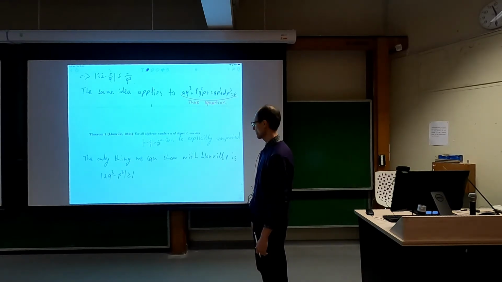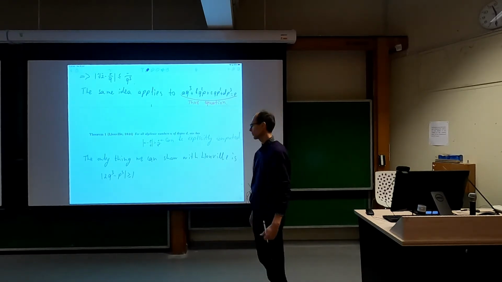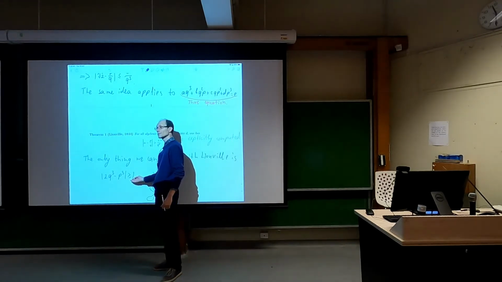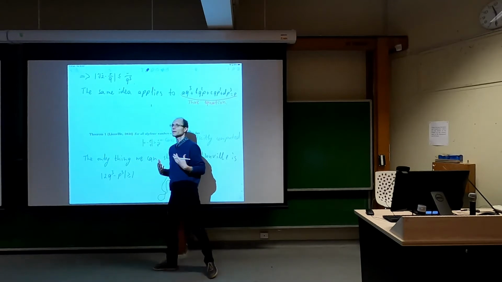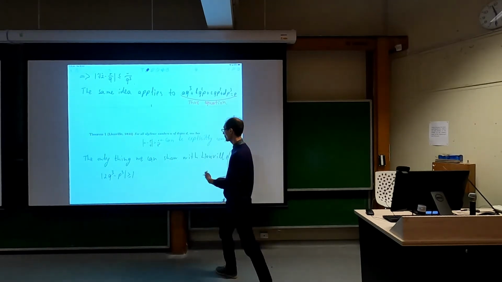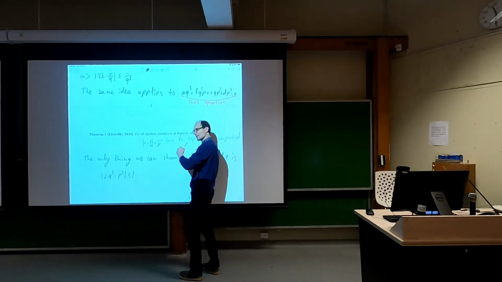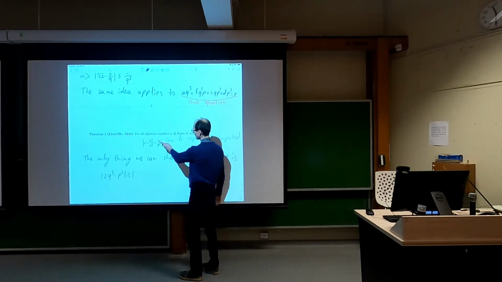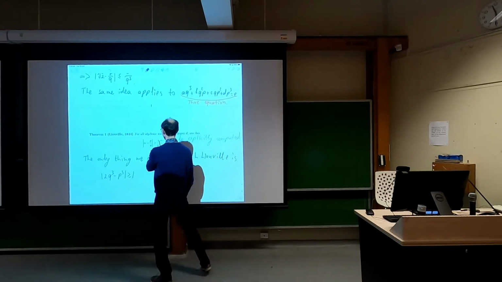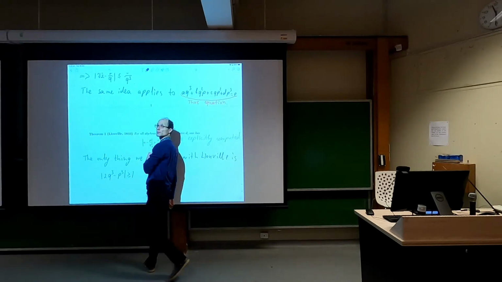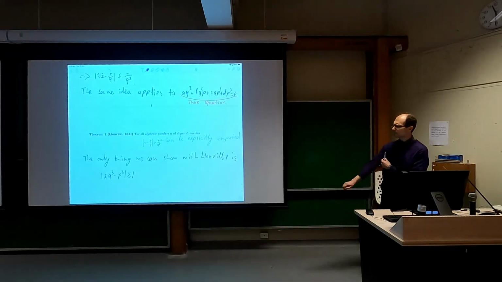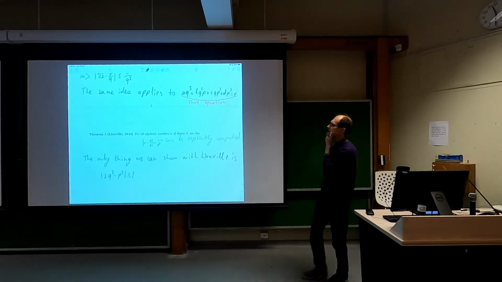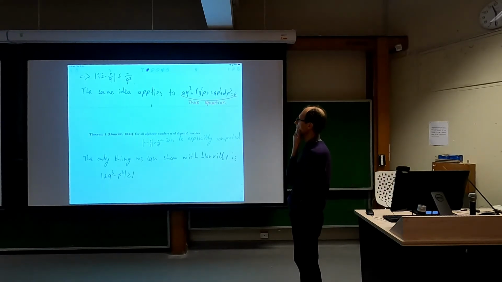Which is not too surprising, right? Because, well, it cannot be 0, so it must be at least 1. So it doesn't give us any extra information. Or in other words, if you compute the precise constant, this constant will always be smaller than that constant. So there is no contradiction.